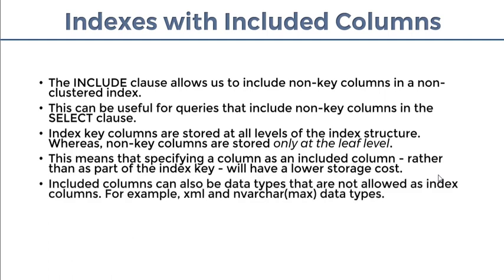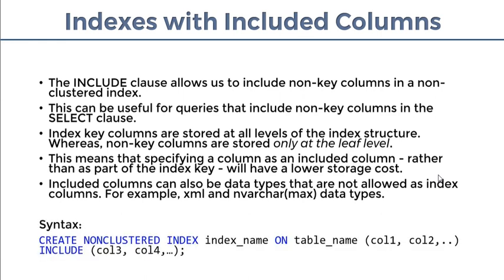Included columns can also be data types that are not allowed in index key columns, for example XML or varchar(max) data types. And if we look at the syntax: create nonclustered index name on table, column 1, column 2, include column 3, column 4, like that.